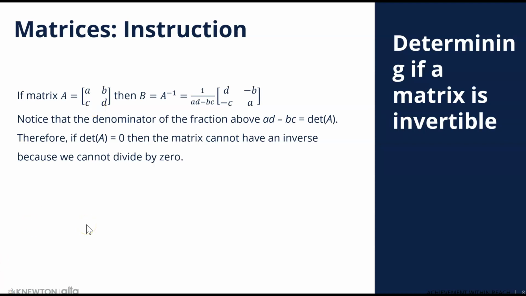That would then imply that if you're going to look for the inverse of a matrix, the first thing that you should do is to determine the determinant of the matrix. If the determinant is equal to 0, the inverse does not exist. If it is not equal to 0, then the inverse exists. And then you can proceed to compute for the inverse of the matrix.